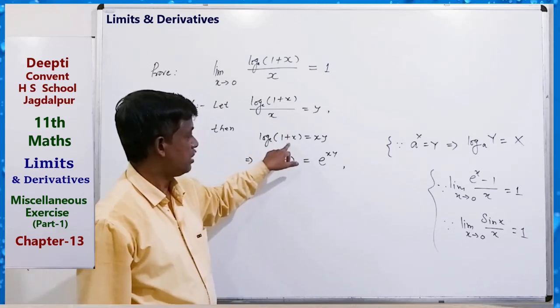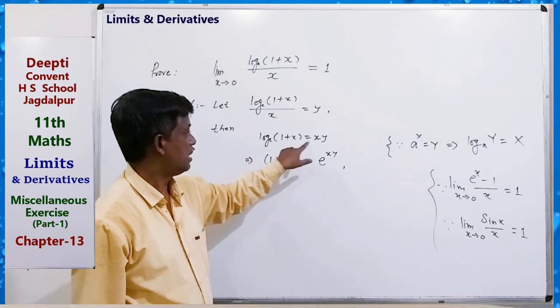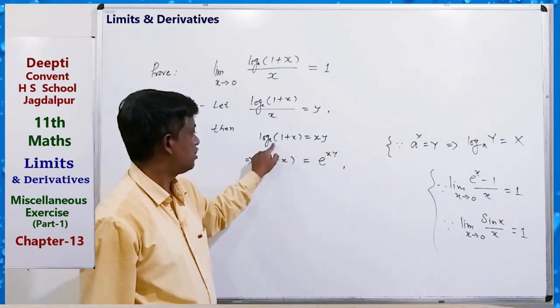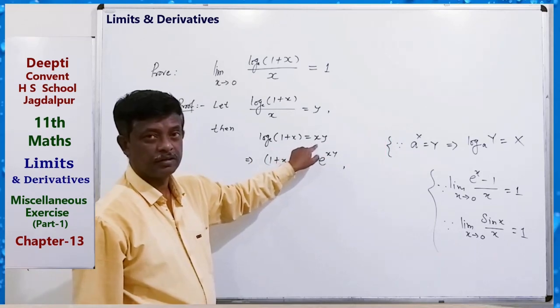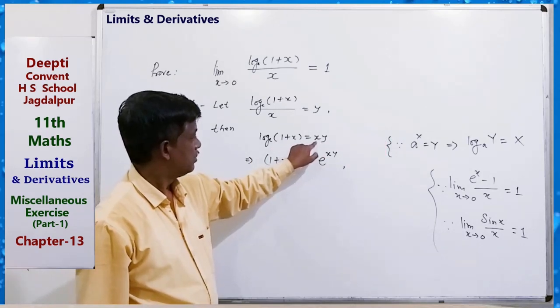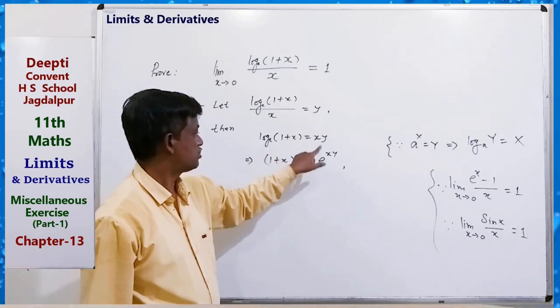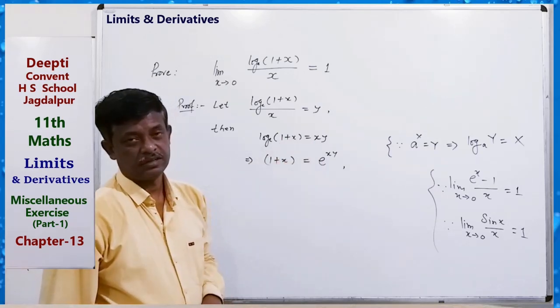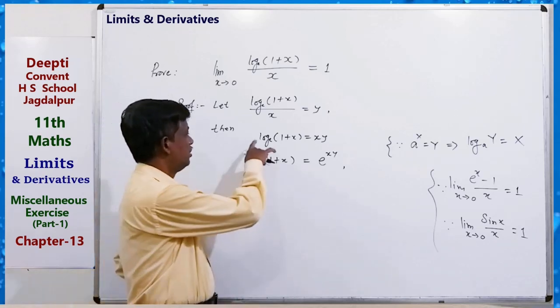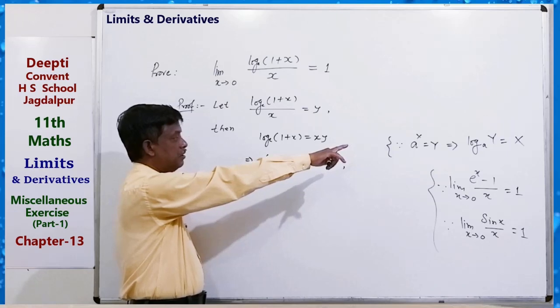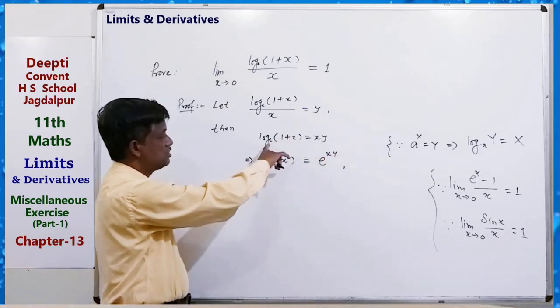If you write here y, here a, here x, then you can get a to the power x equals y. So e to the power xy equals this. This is writing the logarithm definition: log of this to the base this.